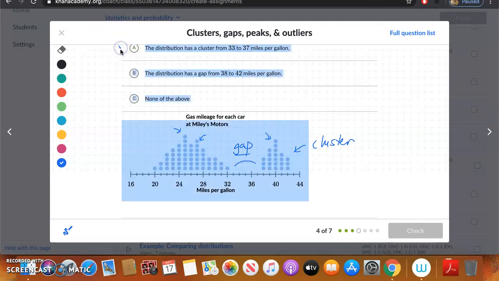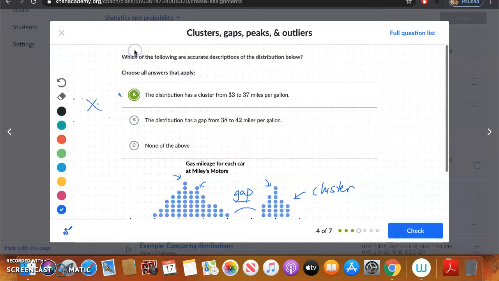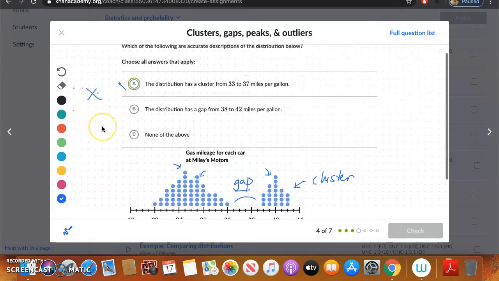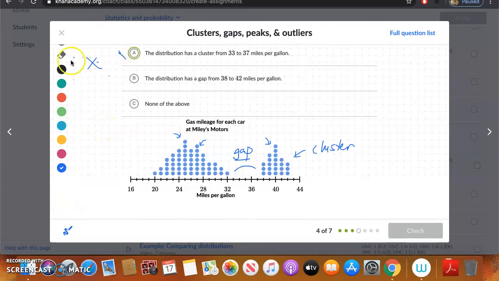There is a gap, right? So that doesn't look correct, right?